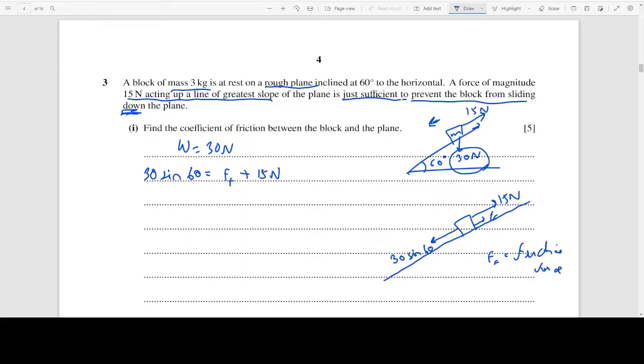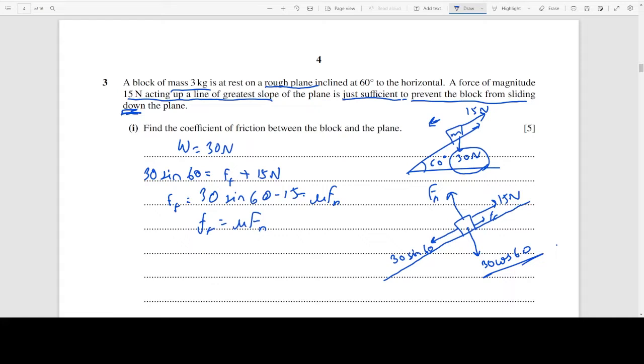Now we'll have to use the other weight component, which is the cos component. So this would be 30 cos 60. We'll have to find this because Ff that we get, which is 30 sine 60 minus 15, is actually equal to mu naught Fn, because friction force is mu naught Fn, and Fn acts this way.